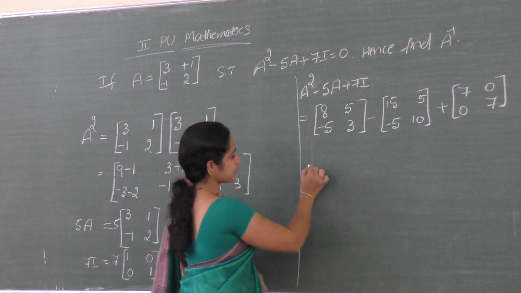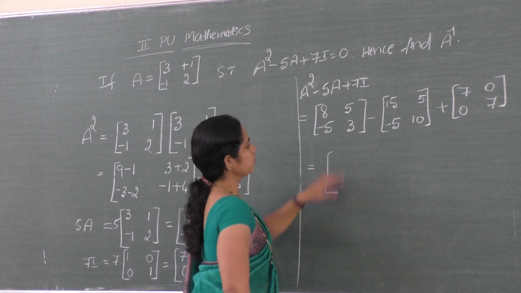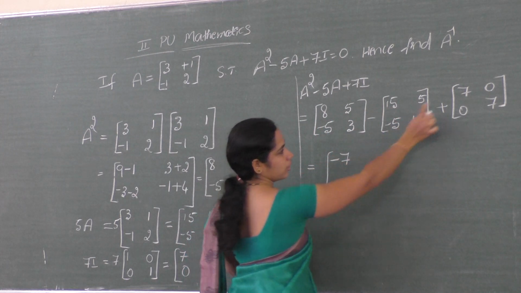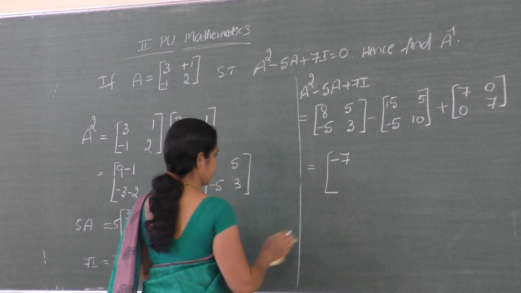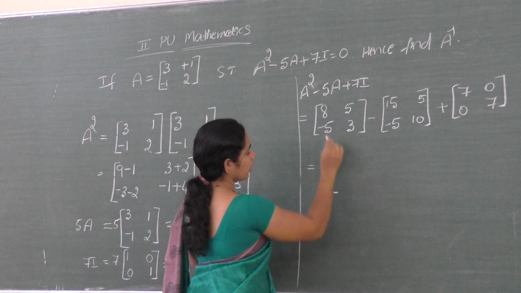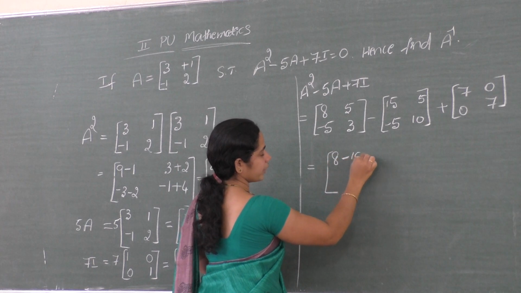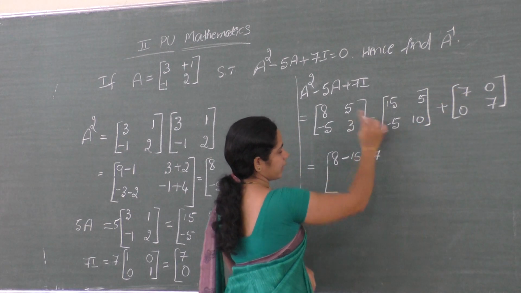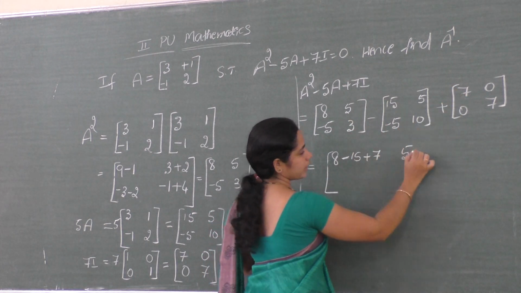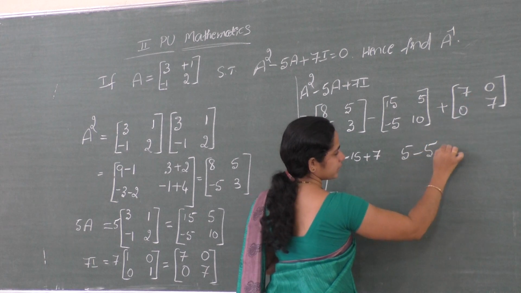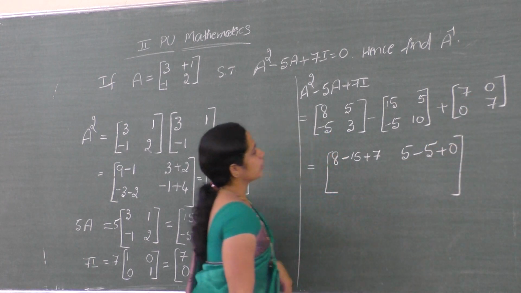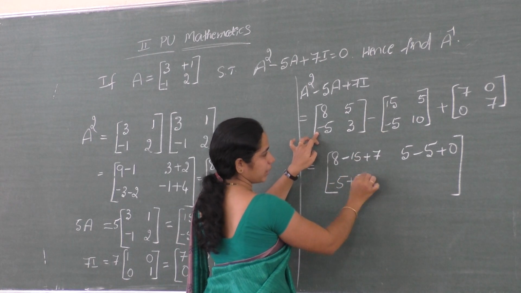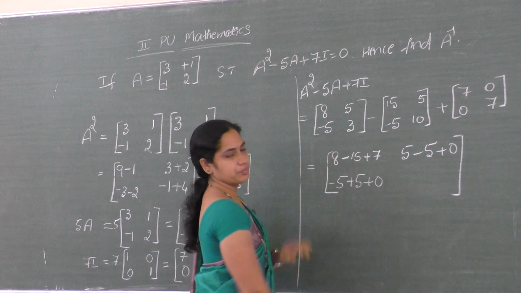Now, this is equal to, we can write all the values here. 8 minus 15 plus 7. Second one, 5 minus 5 plus 0. Next value, minus 5, minus into minus becomes plus 5 plus 0.